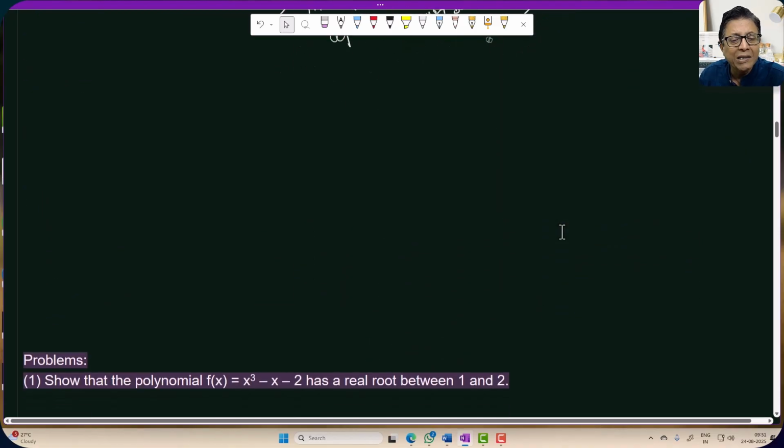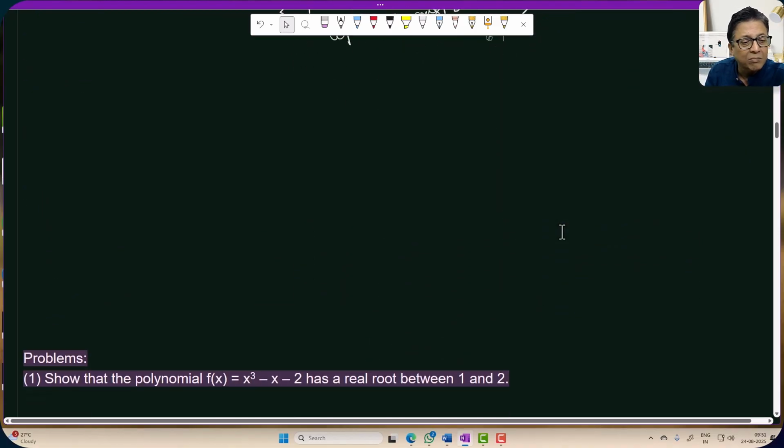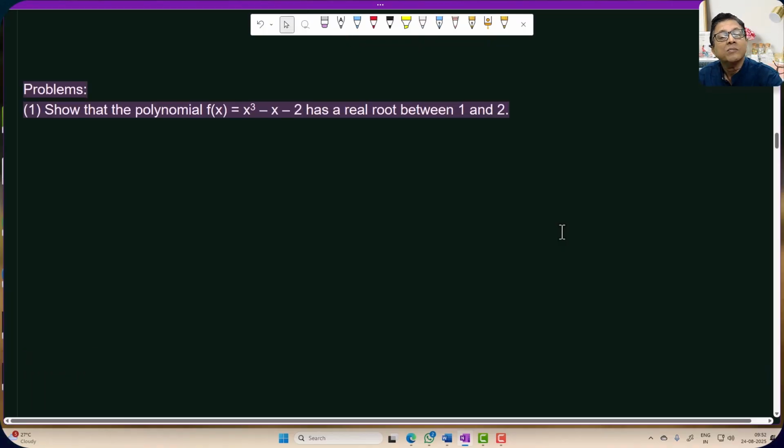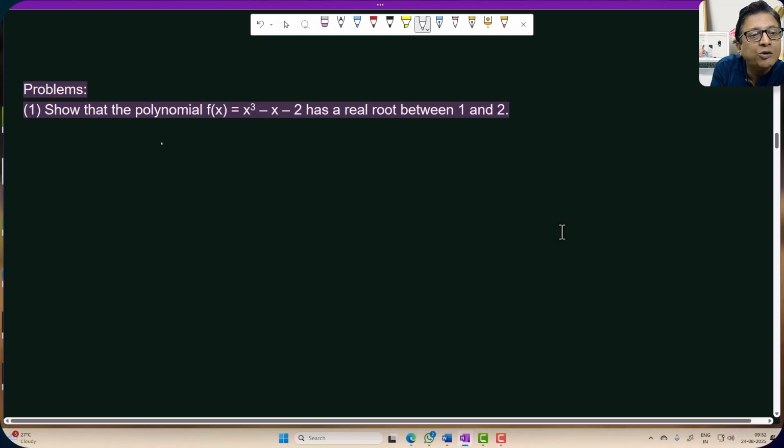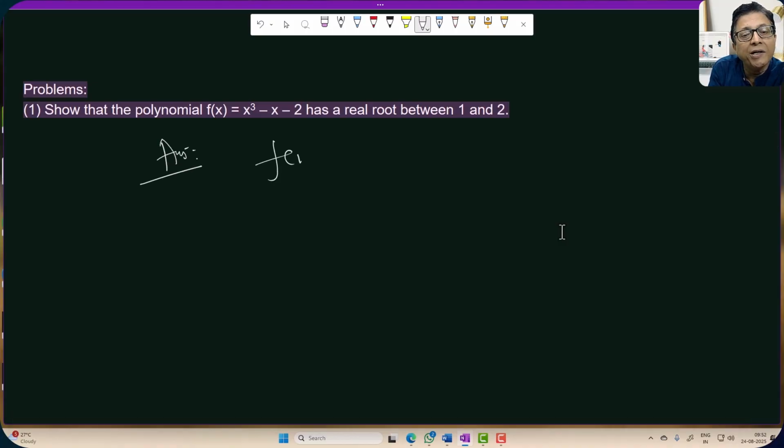Let us apply it in solving a few simple sums, so that the polynomial has a real root between alpha and beta. How to check? There is a real root between 1 and 2. Alpha is 1 and beta is 2 here. So you find f(1). f(1) is 1 cube minus 1 minus 2.